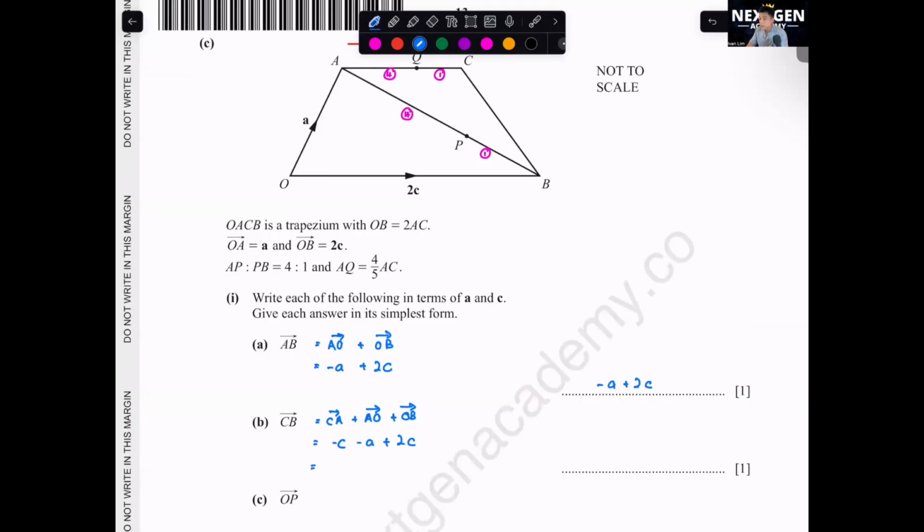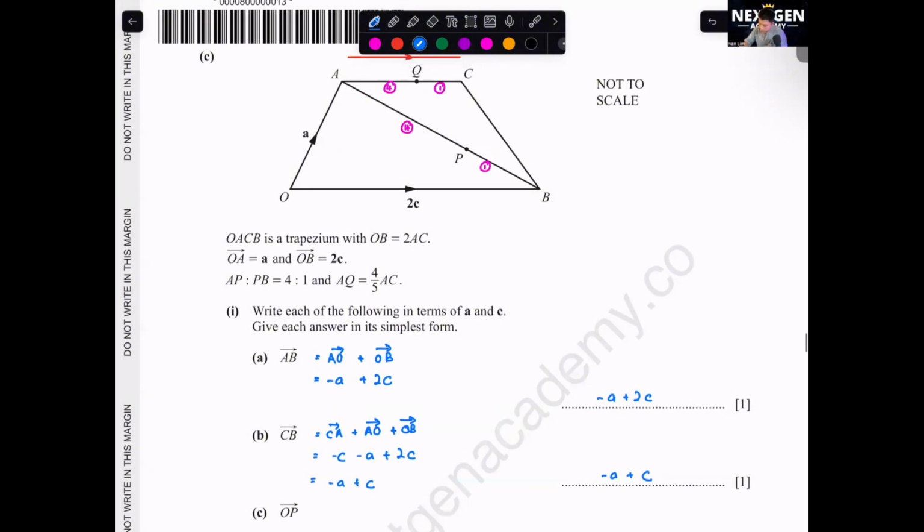Which we'll get over here is minus A plus C. For me, I like to put it in alphabetical order. It's up to you, but I like to put it like A, B, then C. Don't have some put C first, then some put A first. Later it's very messy in the calculation. You'll confuse yourself.